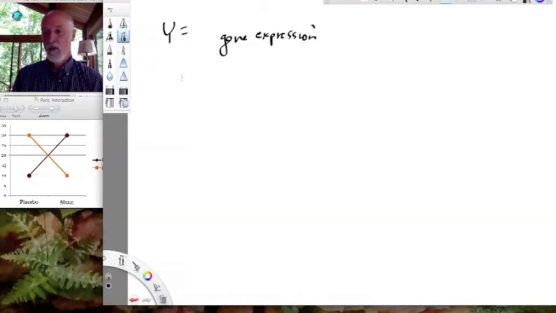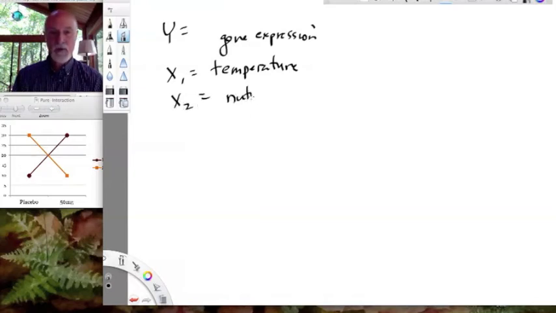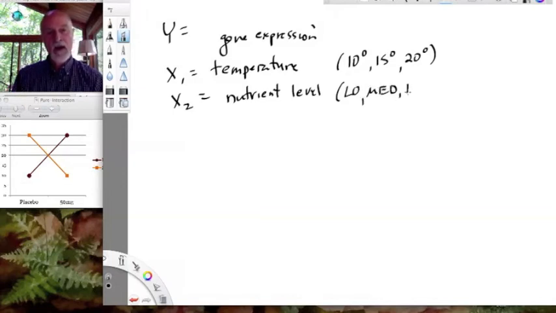And we have our independent variables as environmental factors, such as, for example, x1 might be temperature, and because we know temperature affects gene expression, and at the same time, we are looking at nutrient level. So let's imagine we have 3 temperatures, 3 growth temperatures, 10 degrees C, 15 degrees C, 20 degrees C, and we have low, medium, and high nutrient levels.